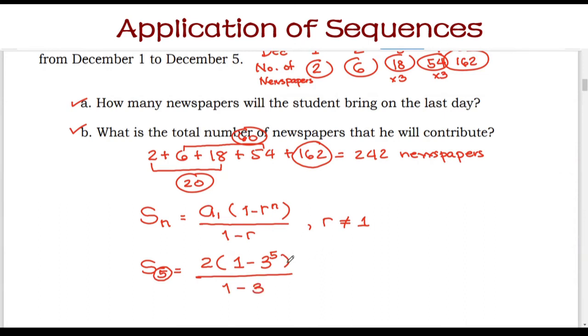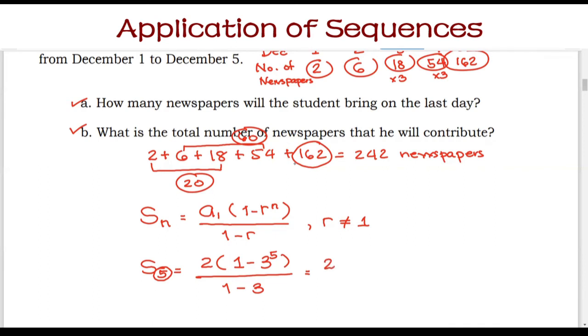So, kung titingnan nyo to, yung ginamit natin yung formula, masasabi ninyo na mas madali itong i-add na lang natin yung 5 terms na ito. Pero yun nga, pakita ko lang sa inyo kung paano ginagamit yung formula. So, ganito ang mangyayari dito. Tatapusin natin to.